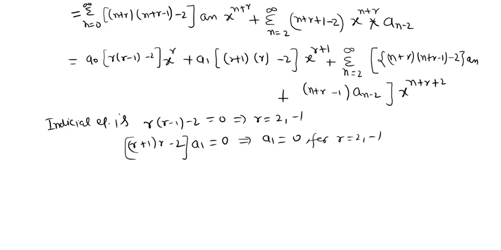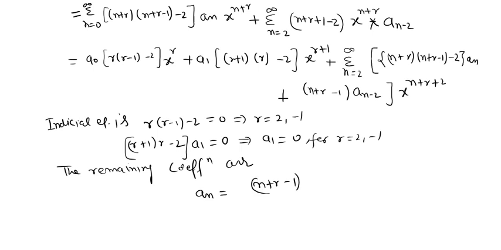The remaining coefficients are given by the recursive formula: a_n equals minus (n plus r minus 1) a_(n minus 2) divided by ((n plus r)(n plus r minus 1) minus 2), with n running from 2 to infinity.